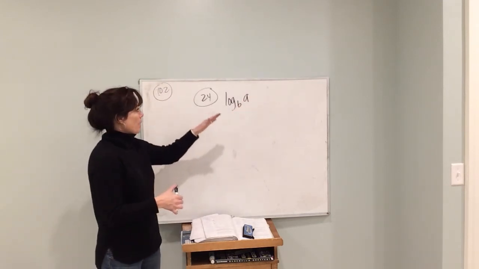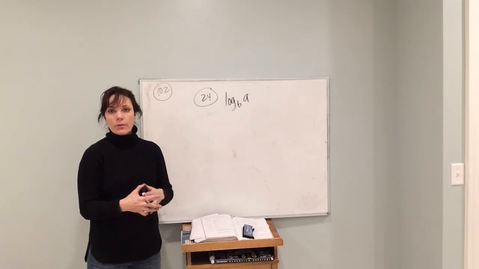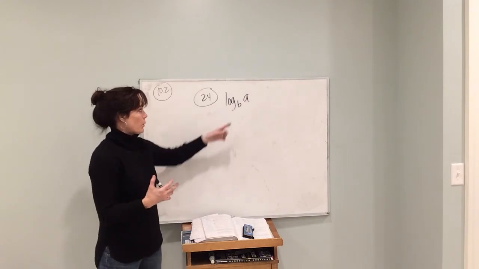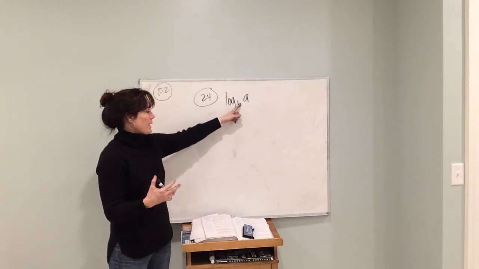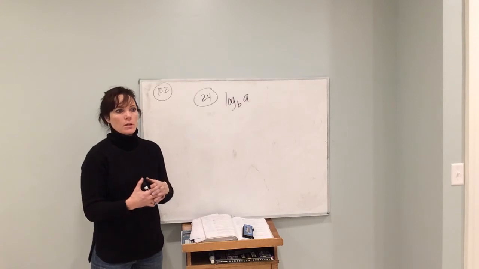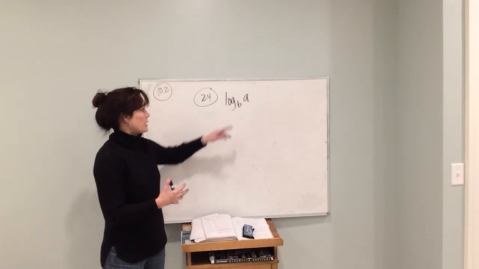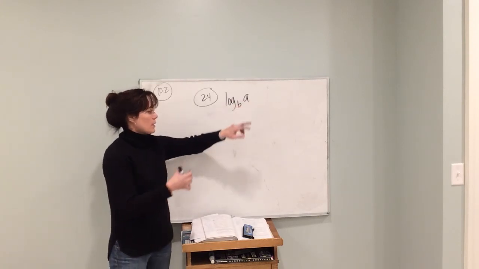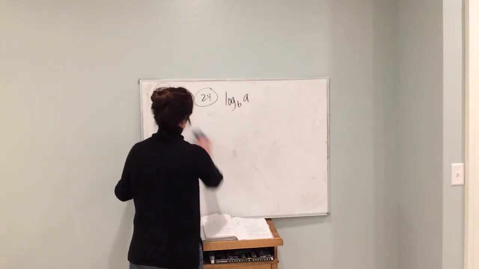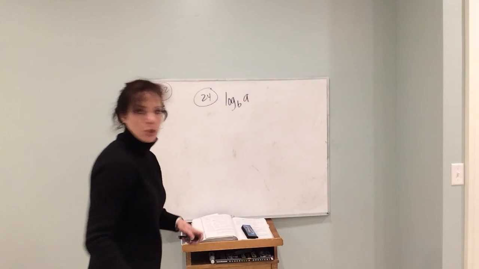So the evaluation of log base b of a would be the exponent that b raised to that power gives you a. You could say it however you want. That's the way I would say it. Okay, that's it for chapter 10.